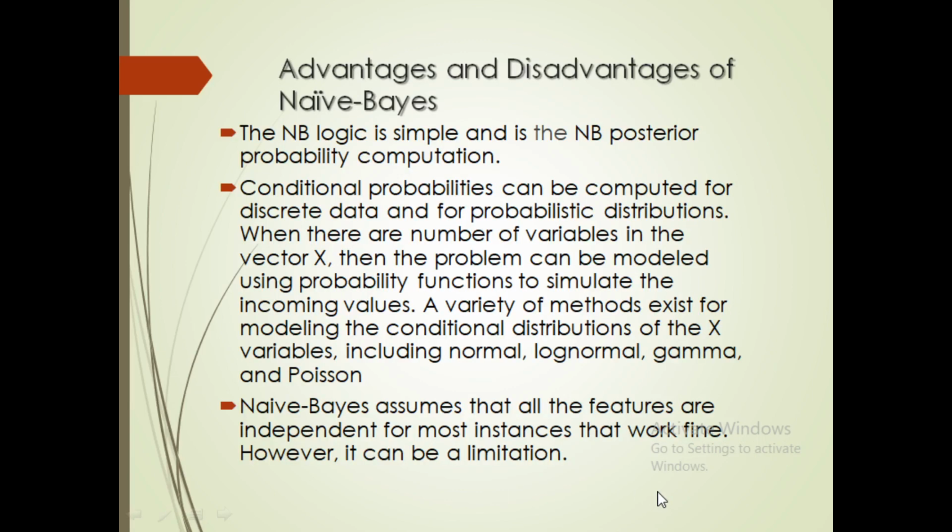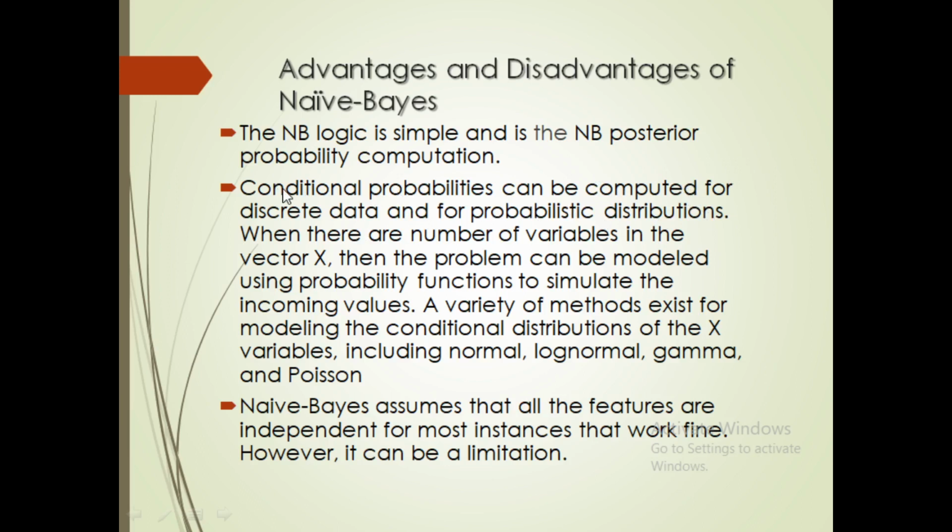Now we'll see what are the advantages and disadvantages of having a naive Bayes. The naive Bayes logic is simple, and the naive Bayes posterior probability computation is also simple. So this is one of the advantages of having a naive Bayes. Second thing is, conditional probabilities can be computed for discrete data and for probabilistic distributions.